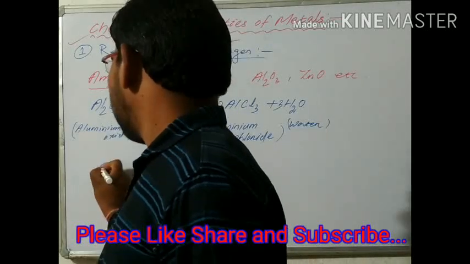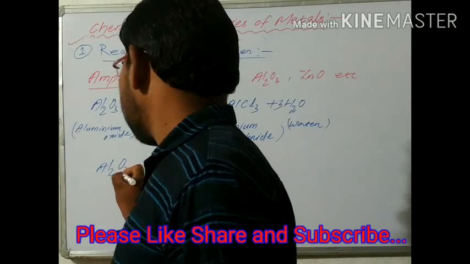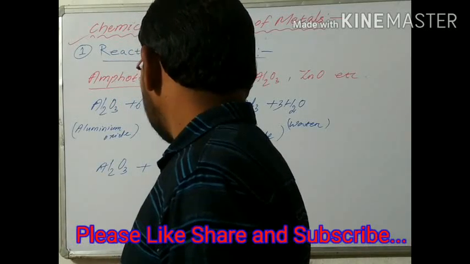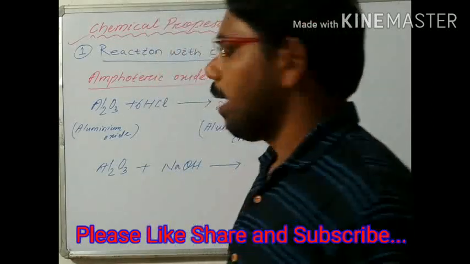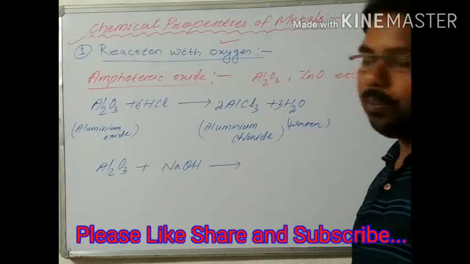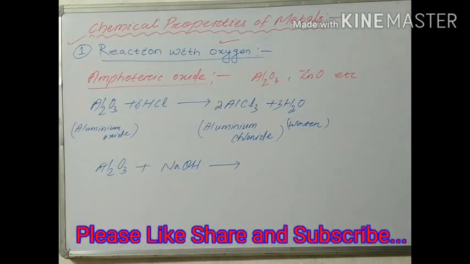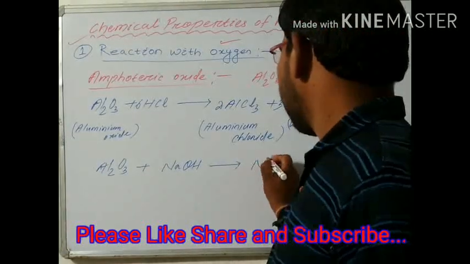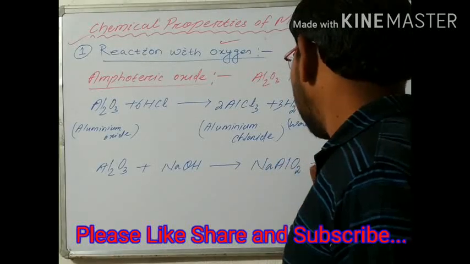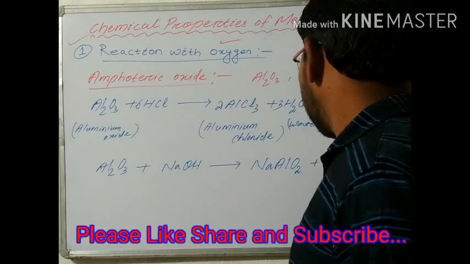Aluminium oxide also reacts with a base like sodium hydroxide NaOH. Here one salt is formed, sodium aluminate NaAlO2, plus water H2O.